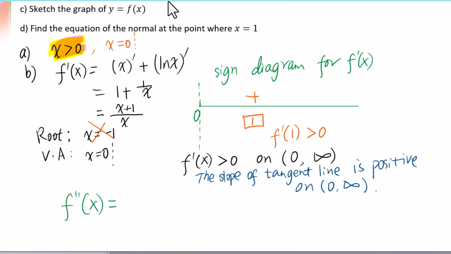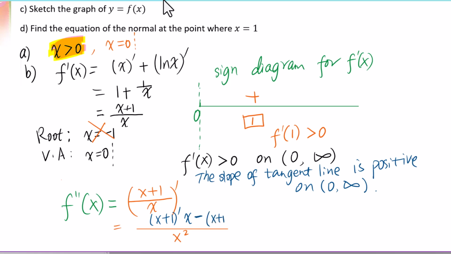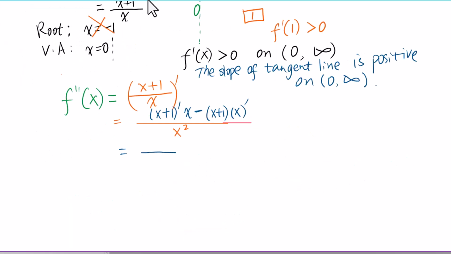The second derivative of f of x equals x plus 1 over x prime. We will use the quotient rule: x squared, x plus 1 prime times x minus x plus 1 times x prime. Work this out: x squared, x minus x plus 1.